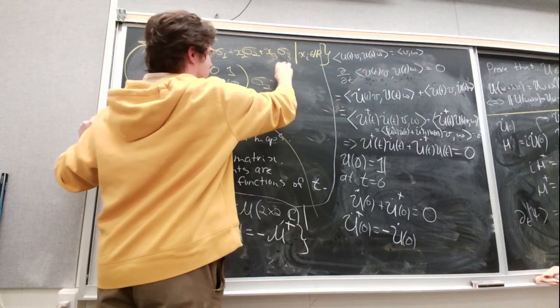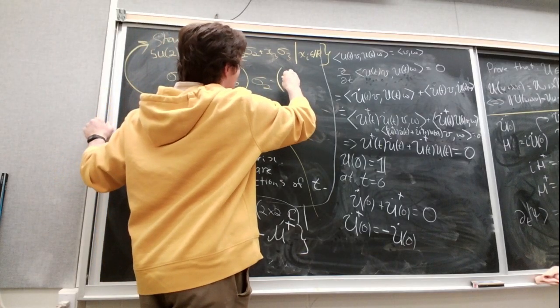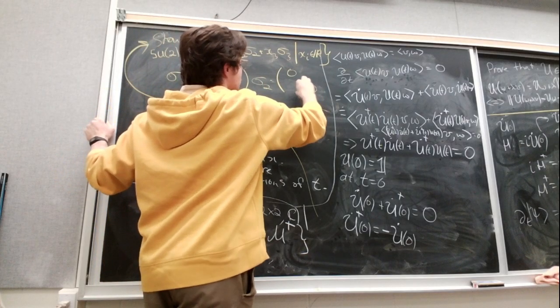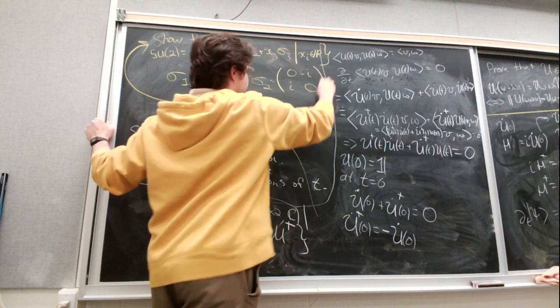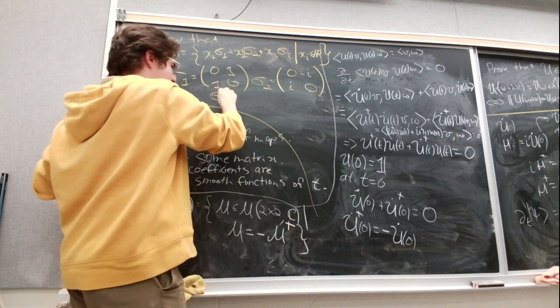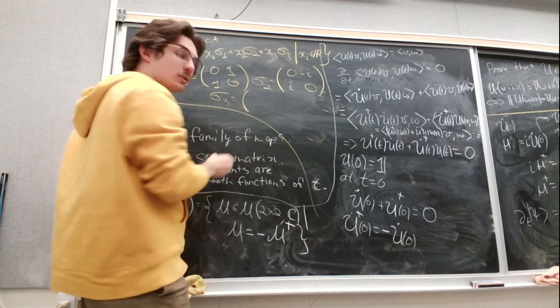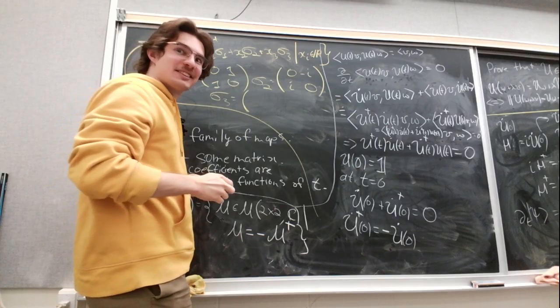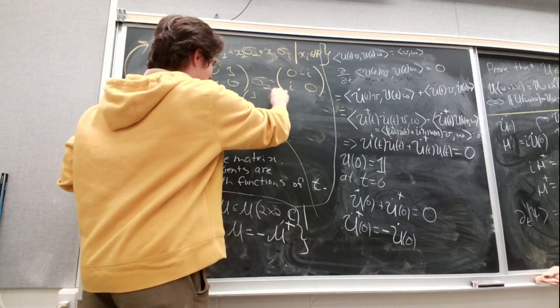Sigma 2 is like this, and sigma 3 is, what is sigma 3? 1, -1, 0. Okay, at least something that you know.